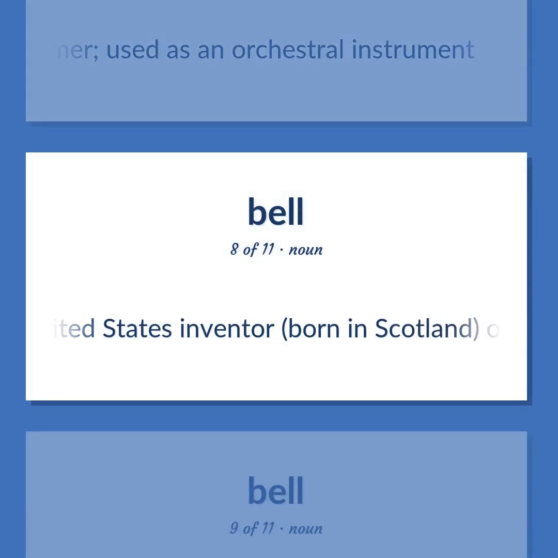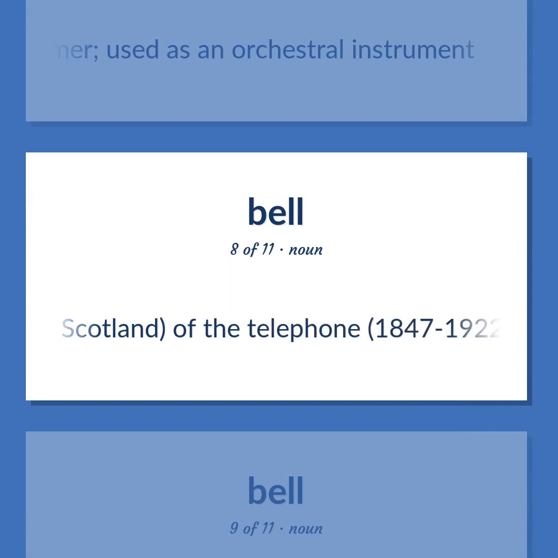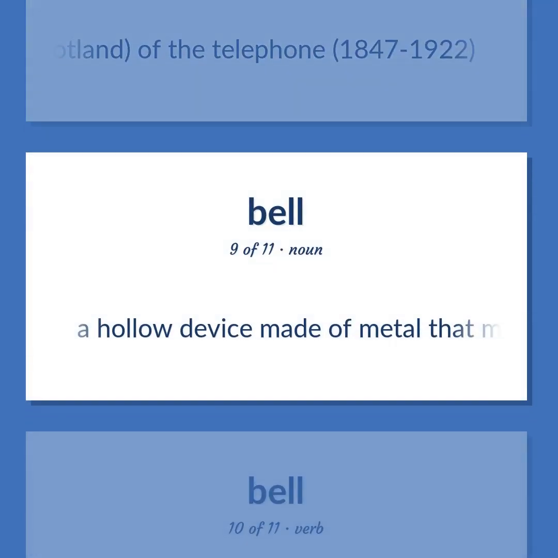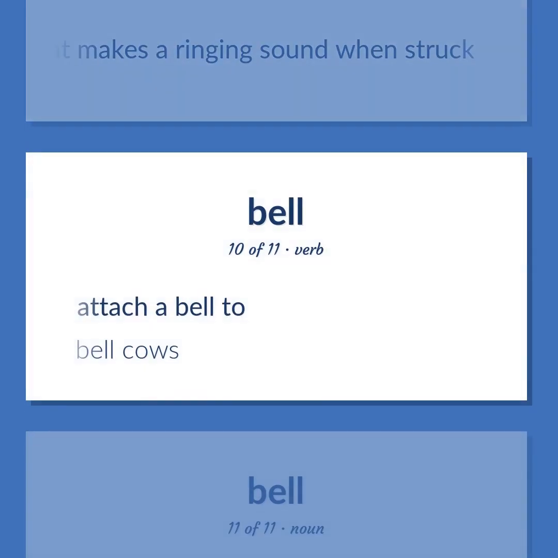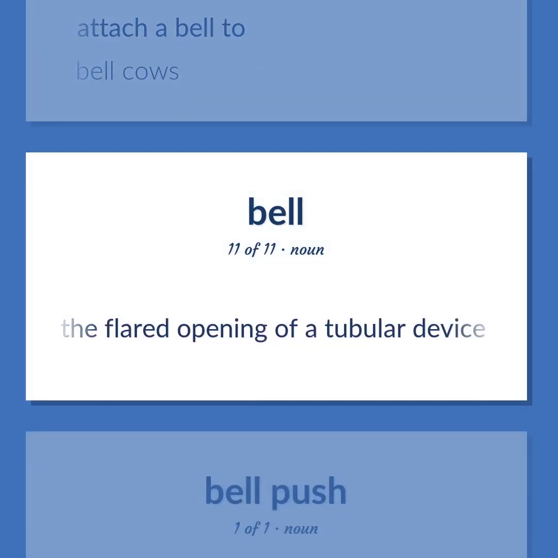United States inventor, born in Scotland, of the telephone, 1847 to 1922. A hollow device made of metal that makes a ringing sound when struck. Attach a bell to. Bell cows. The flared opening of a tubular device.